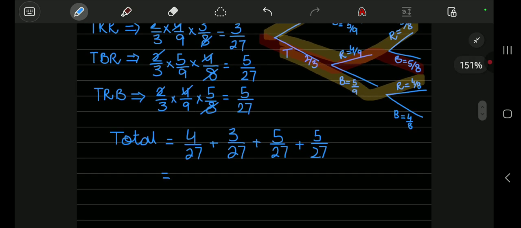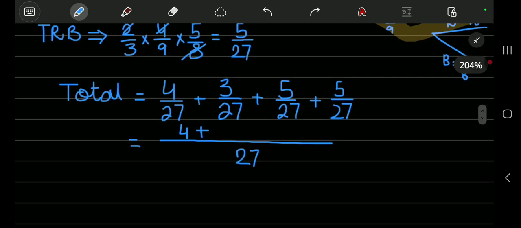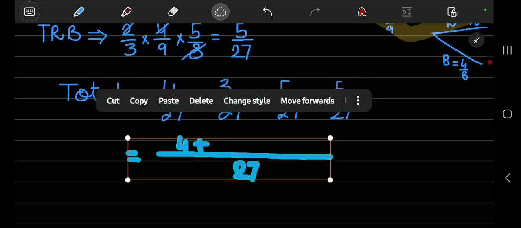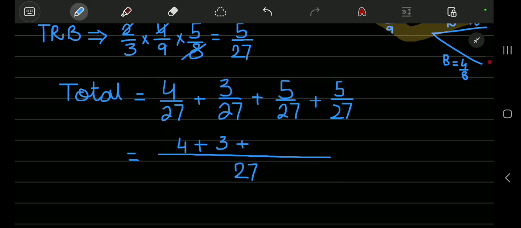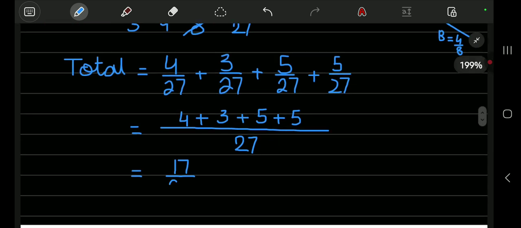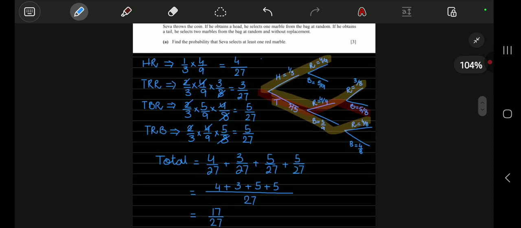So it will give you 4 plus 3 plus 5 plus 5. So it's 10 and 17. So 17 over 27. So this is your total probability that Seva selects at least one red marble.